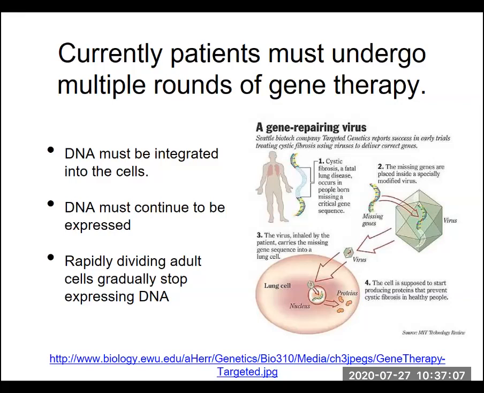So that may occur. We can talk about the immune system in the next couple slides. Basically, we can get this corrected message into these cells and get them producing the right version of the protein, but it only lasts for a period of time. Over time, the process breaks down, so that these patients then have to go into another round of gene therapy.